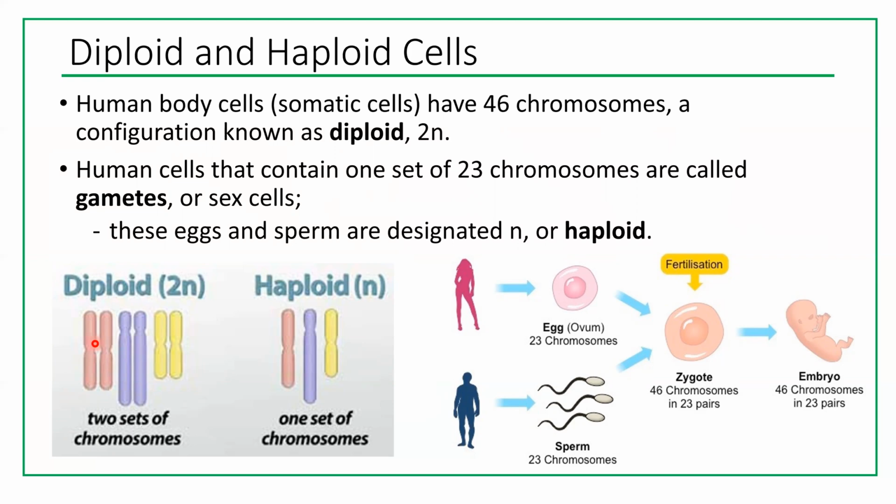This pink and this pink are homologous. Pink and purple are not homologous. Homologous chromosomes have the same shape, same size, the same structure, and they carry the same genes, right? What can be different? Can be different versions of these genes, different alleles, but the genes are the same.